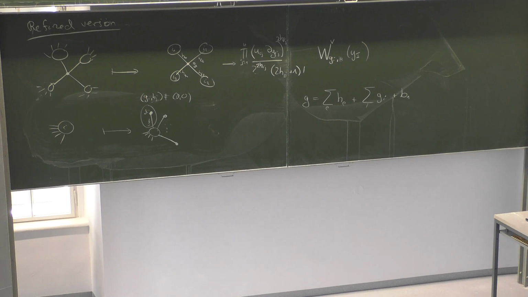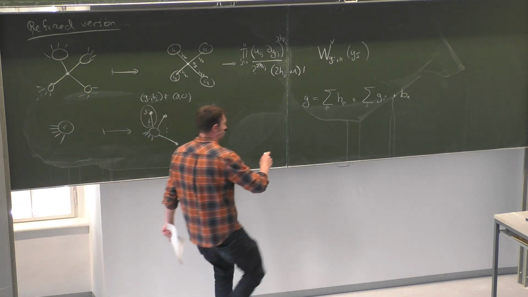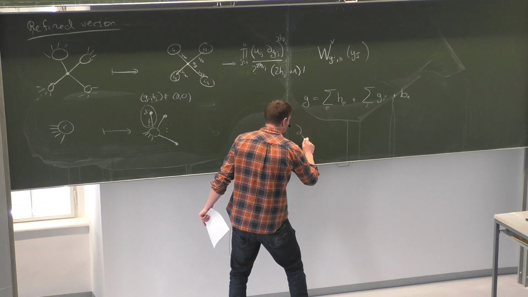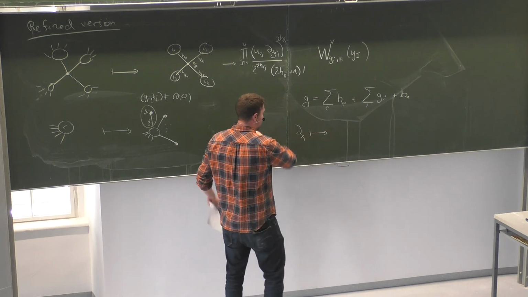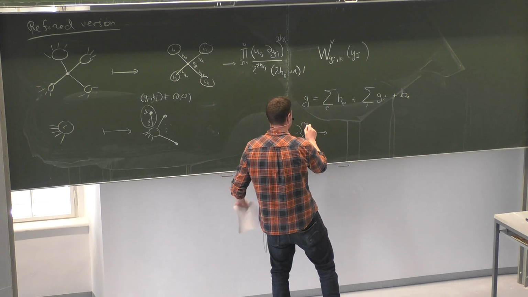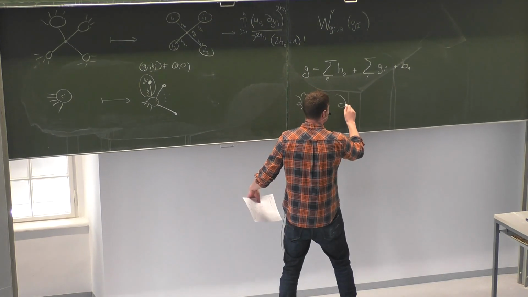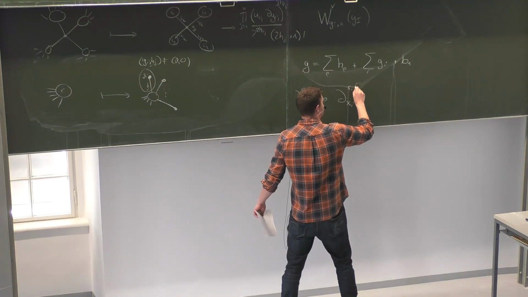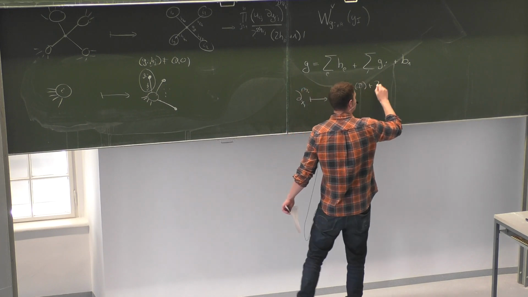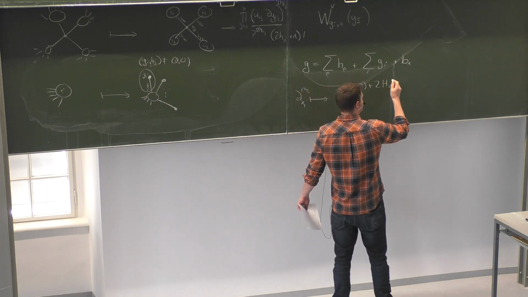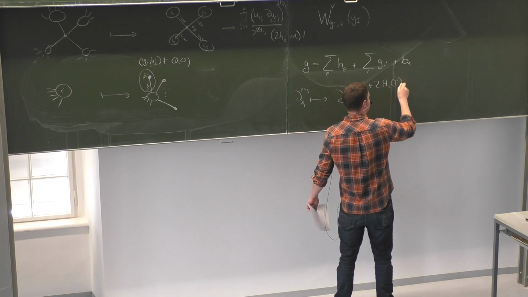And as I said, the h bar expansion and the ui expansion play together, which also gives us some information on the degree of the derivative. So this derivative dxi, under this refinement, goes to dxi to the ri of the graph gamma plus 2hi of the graph gamma minus 1.